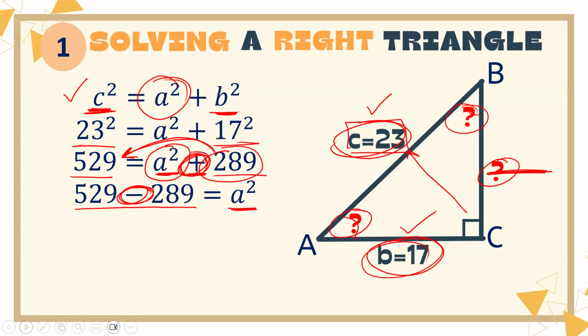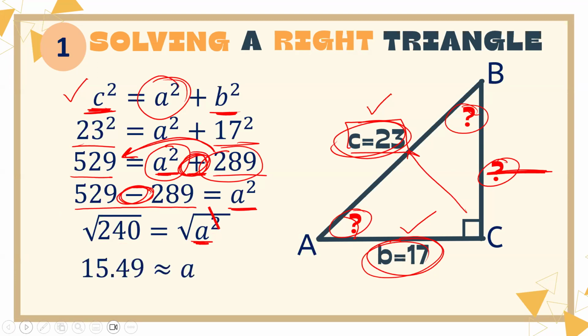So simplifying further, what's 529 minus 289? Very good. That's 240. And because we want to get a, we need to get the square root of both sides. Getting the square root of 240, get your calculators. What would that be? Very good. That's 15.49.